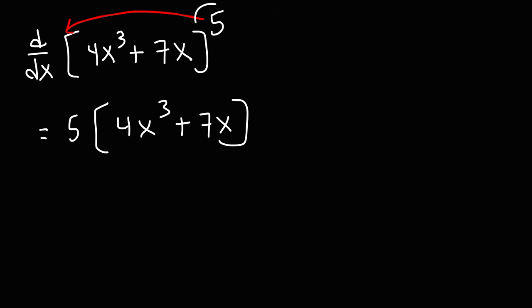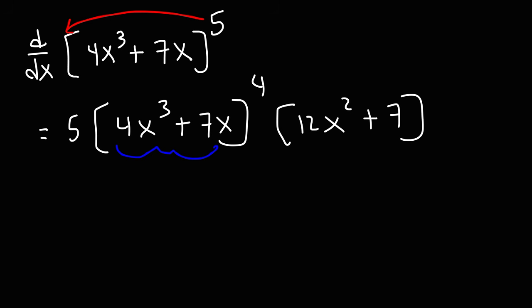And then we're going to subtract the exponent by 1. Next, we're going to take the derivative of the inside function. The derivative of 4x cubed is 12x squared. The derivative of 7x is 7. So that's the derivative of this function. So you don't have to FOIL this 5 times. You could just simply use the chain rule to get the answer.